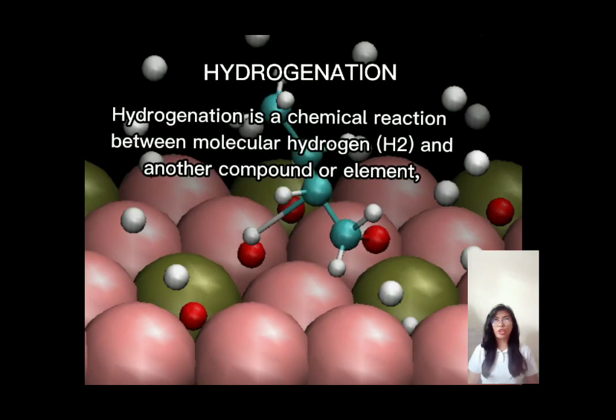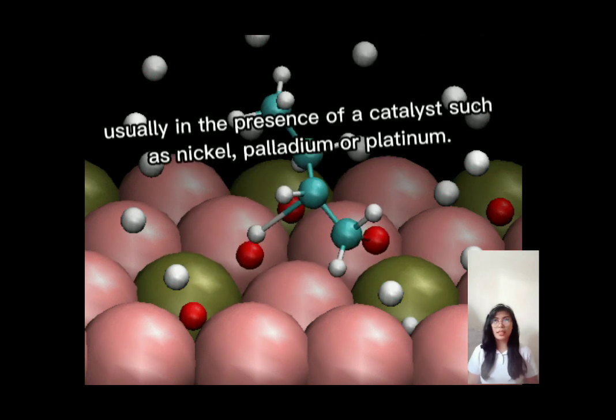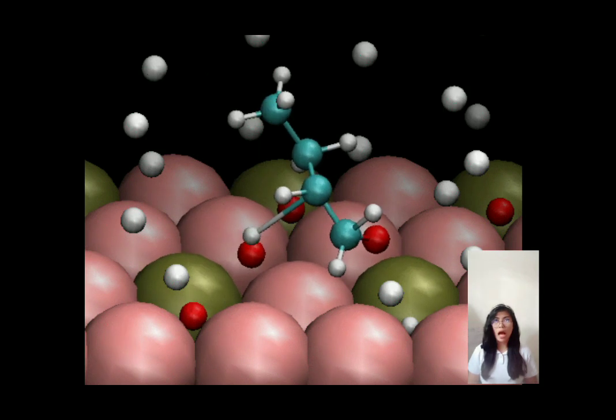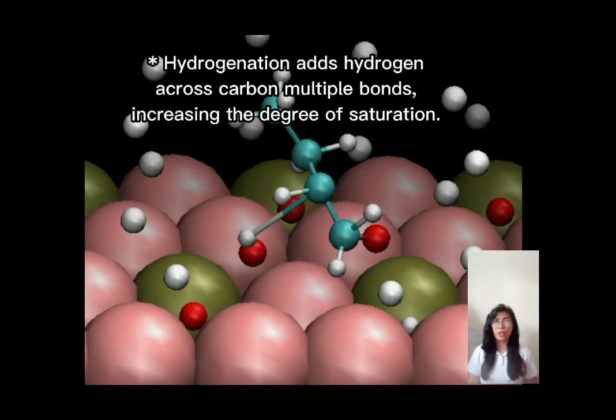Hydrogenation. Hydrogenation is a chemical reaction between molecular hydrogen, or H2, and another compound or element, usually in the presence of a catalyst such as nickel, palladium, or platinum. Hydrogenation adds hydrogen across carbon double bonds, increasing the degree of saturation.